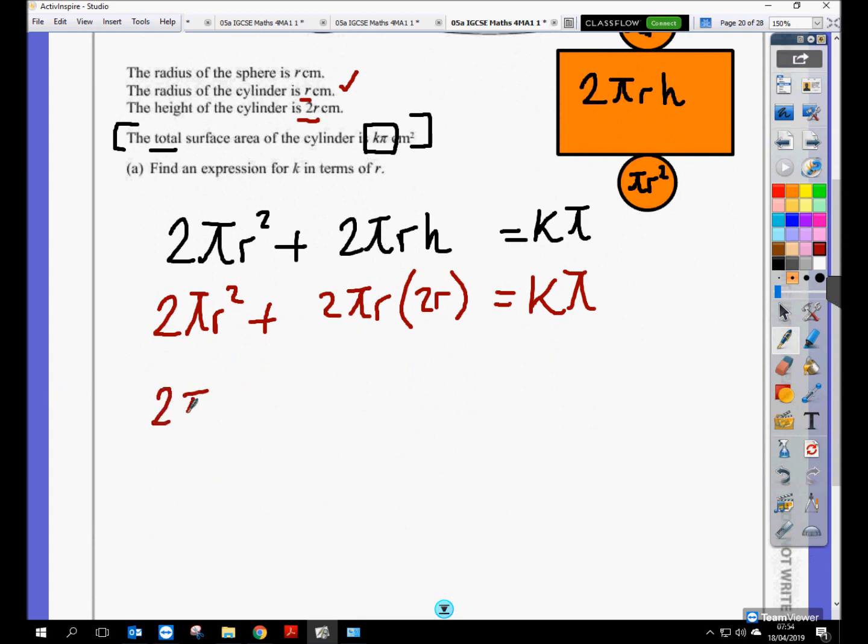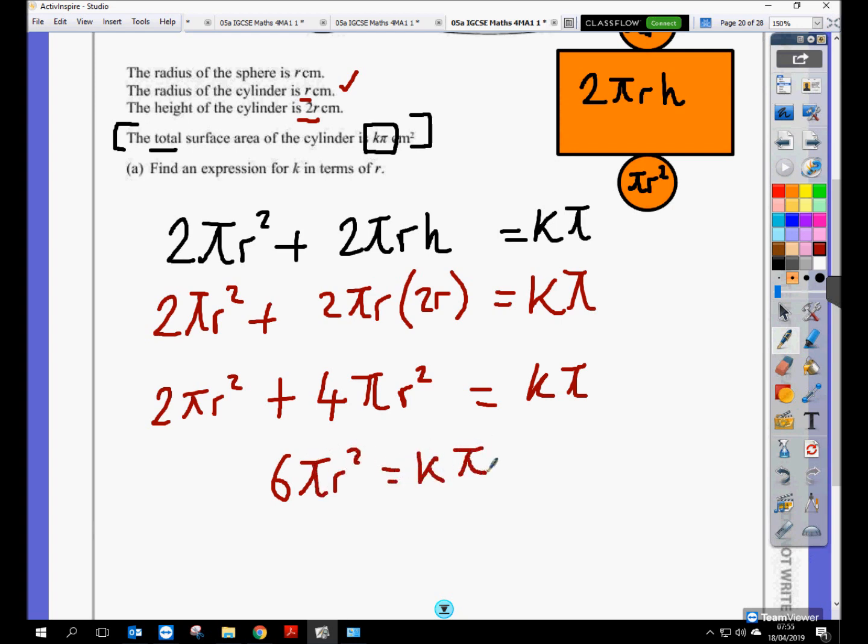So we end up with 2 pi r squared plus 4 pi r squared equals k pi. So on the left hand side, because they're like terms, you can add these together. 6 pi r squared equals k pi.